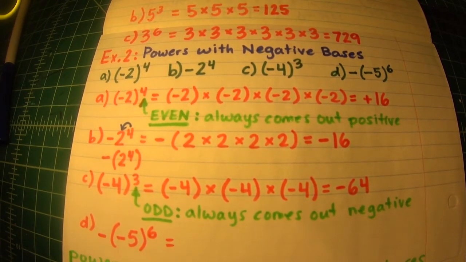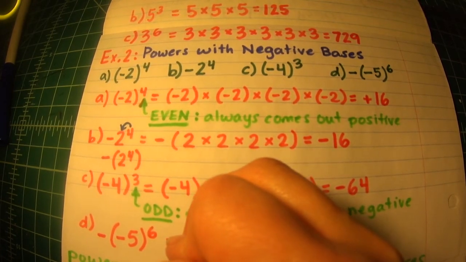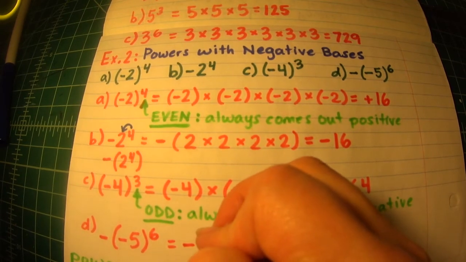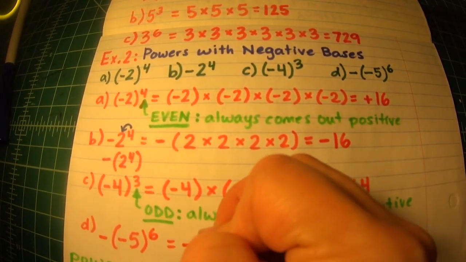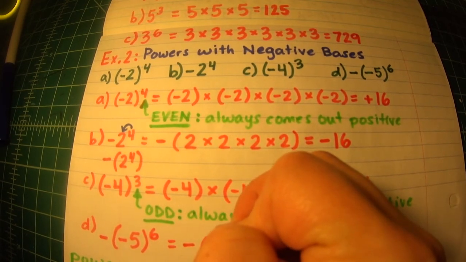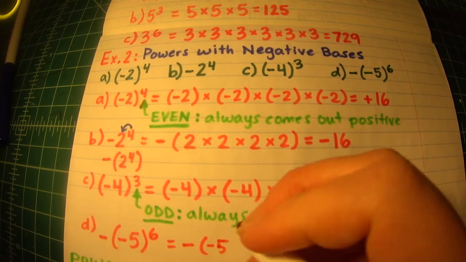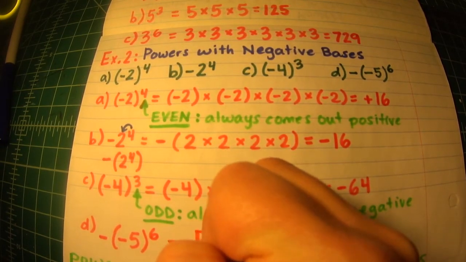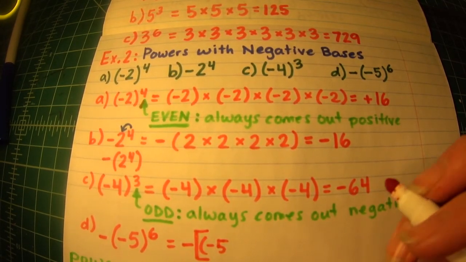So when we write it out as repeated multiplication, the negative on the outside stays outside. It does not repeat. The one on the inside that is part of the base does repeat. So we end up with -5. I'm going to double up on my brackets here just to show that that extra negative is sitting on the outside.